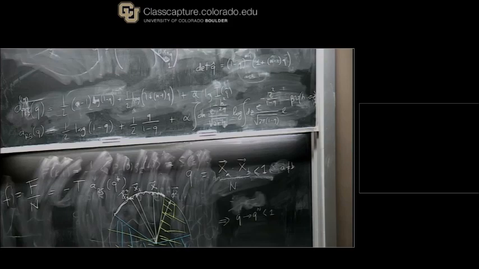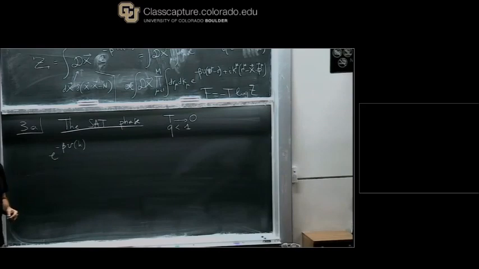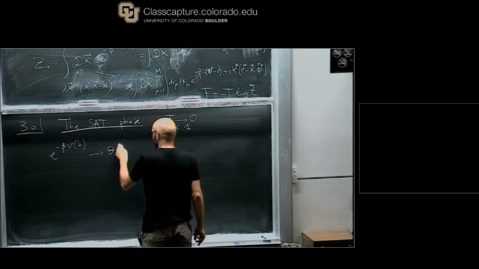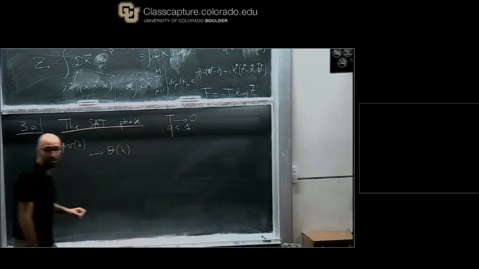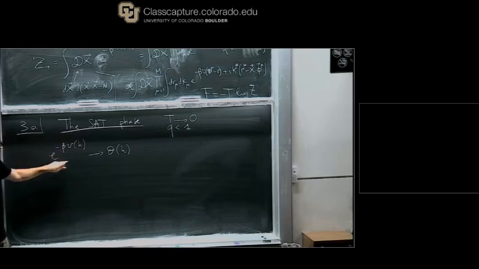Now, you remember that v is positive for negative h, and v is 0 for positive h. So this is just going to become theta of h, right? Because when h is positive, v is 0, and this is 1. When h is negative, this is positive, so exponential of minus beta times something positive will go to 0.